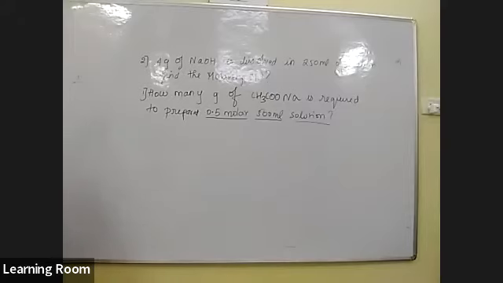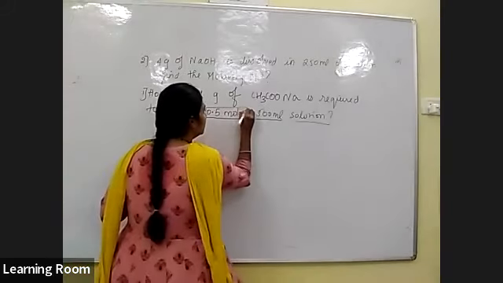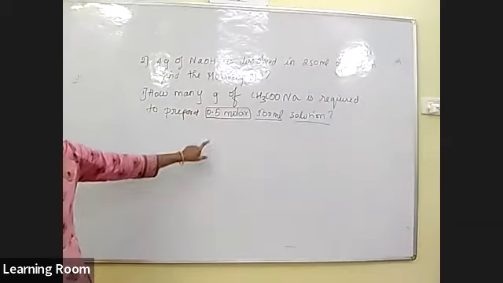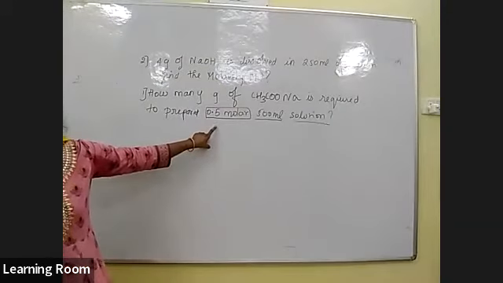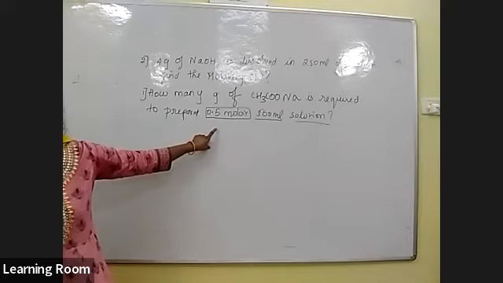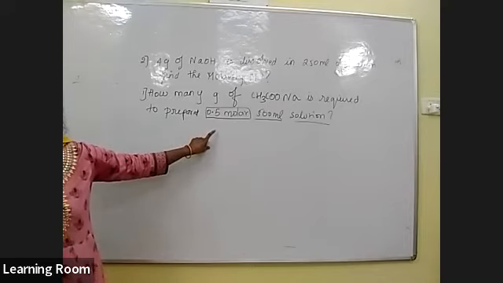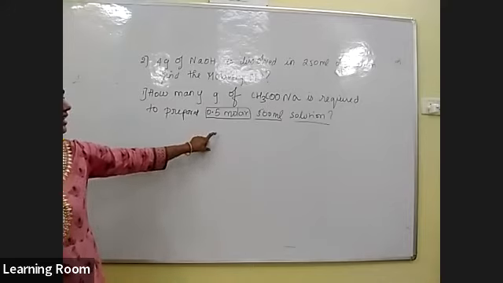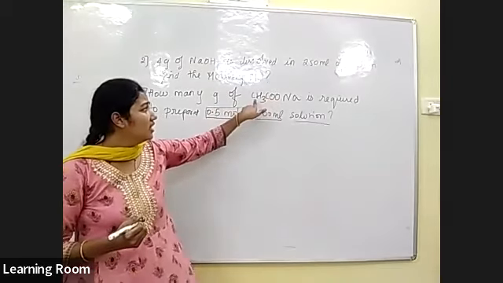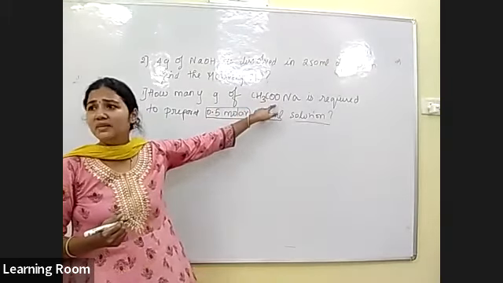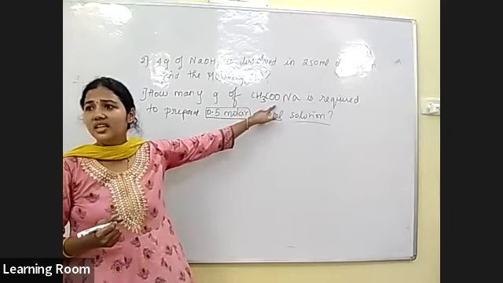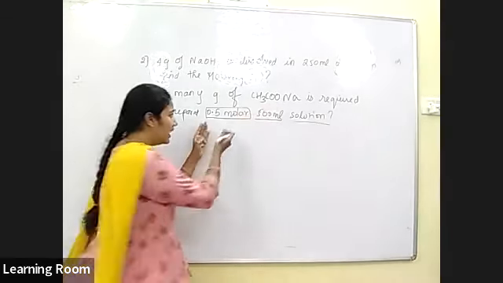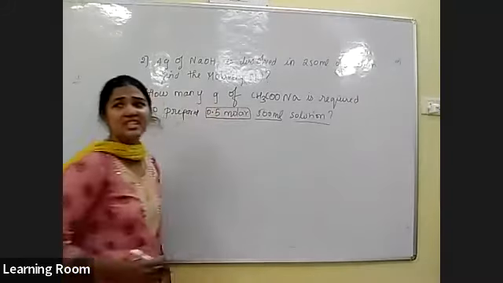What is your answer? 41, almost right. Here, look at here. What is the 0.5? Molar mass? Who said it's molar mass? How is it molar mass? See, here is your compound. This is your molar mass, right? Then they have actually included your molarity here itself.